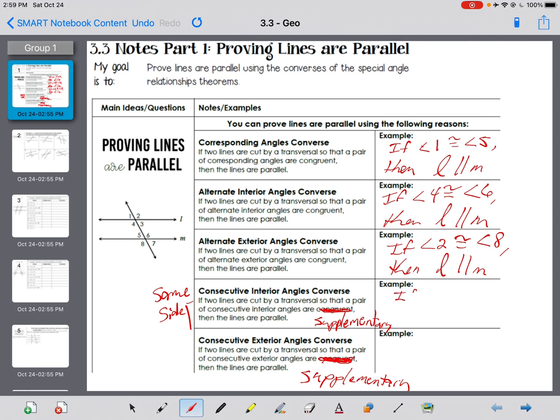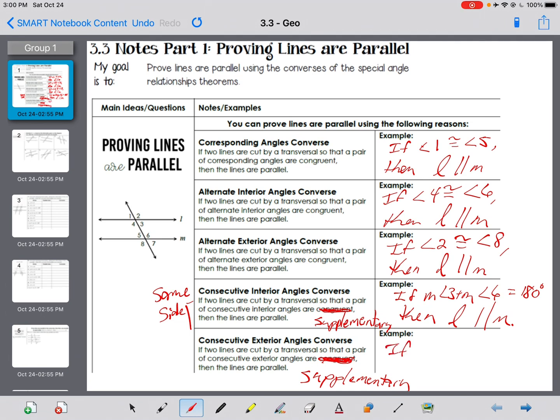Okay, so what we're going to say is if the measure of angle 3 plus the measure of angle 6 equals 180 degrees, then L is parallel to M. Because those are on the inside, angle 3 and angle 6. We could have said 4 and 5. They're both on the inside as well. We could also do the outside angles.